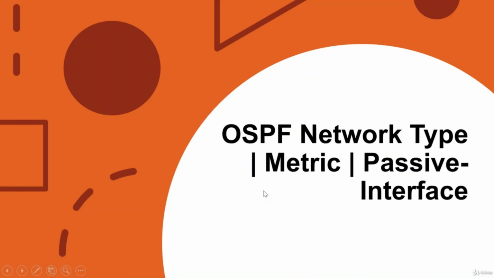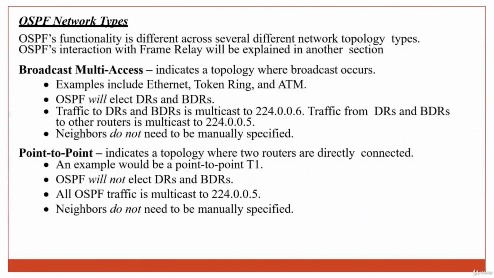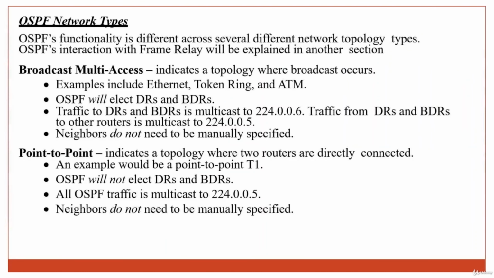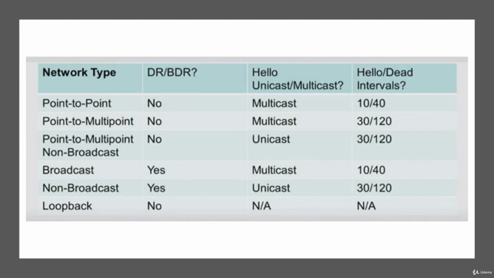So let's quickly understand the network type, OSPF metric, and the usefulness of passive interface. Now, OSPF supports a wide variety of network types. Here you can see that in OSPF you have this many network types. How do we memorize this, because it's a big number?